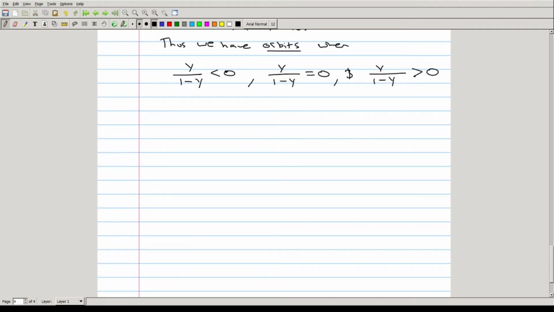So let's look at what this is telling us. Well, one way we can have the first be true is if y is negative, or less than 0, and 1 minus y is positive.